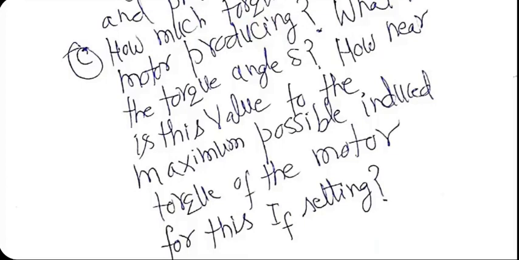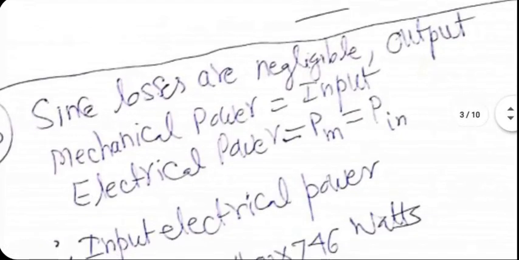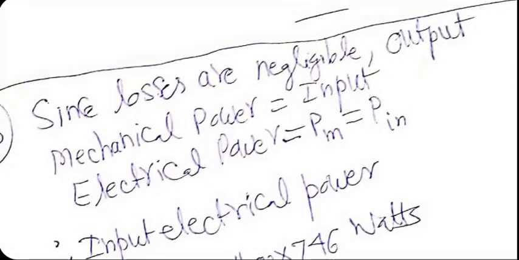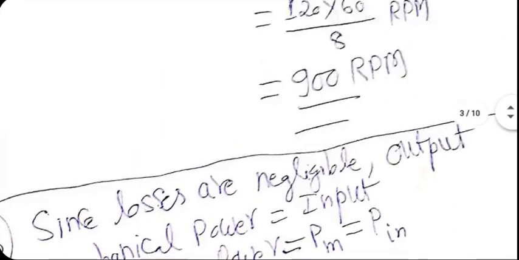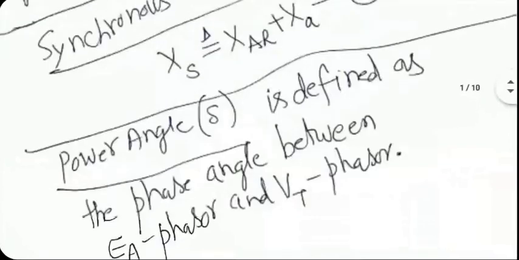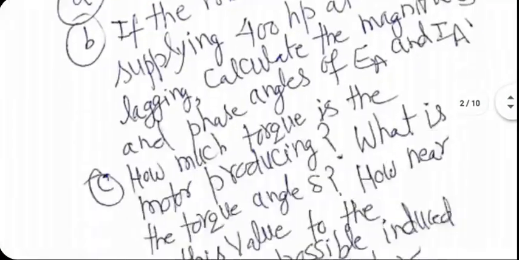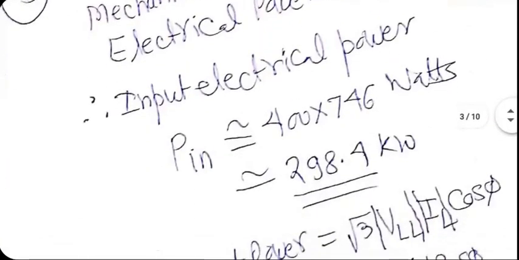Okay. IF is not changing, so that part we don't have to worry about. So maximum possible value of torque will mean maximum possible value of power, output power divided by omega. And what is the maximum possible value of power? Let's look at the formula for total power. Yeah, here.